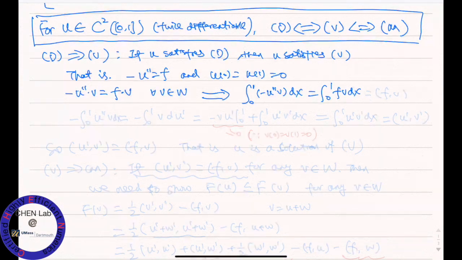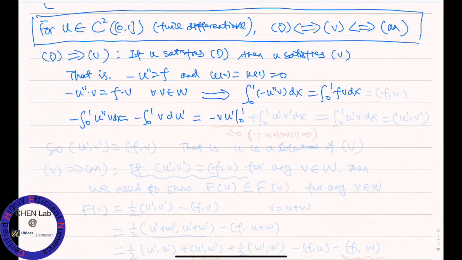The magic here is something called integration by parts. So what we do is we have the integral from 0 to 1 of u double prime v. One way to write down the integration by parts is this is v, this is u double prime dx, this is v du prime. Or you can use your way of doing the integration by parts. I don't really care. But this is the boundary part, which is negative v u prime between 0 and 1.